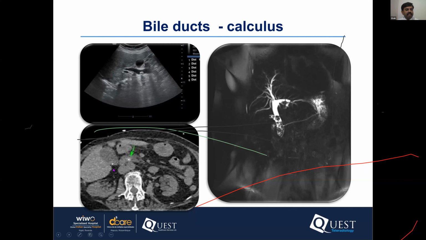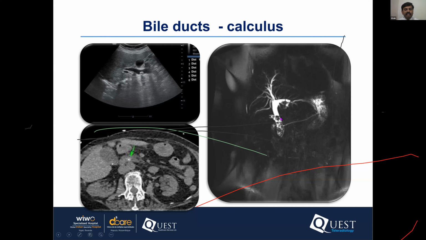So here what we are seeing is a radiodense bile duct calculus in the distal bile duct, but all calculi are again not radiodense. So we may not see all CBD calculi on CT, and we will be appreciating the proximal biliary dilatation on CT, which is very well visualized.